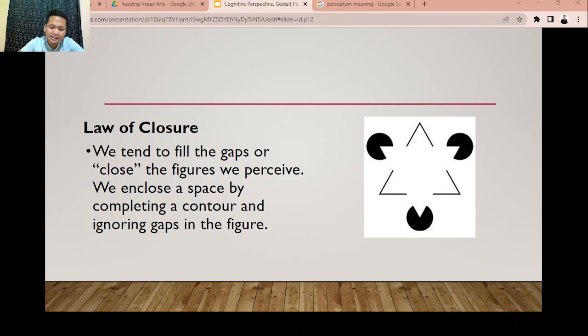So as you can see here, class, we don't see the gaps actually, right? But what do we see? We see this as a continuing, complete contour. We tend to complete the gap. That's what we do.